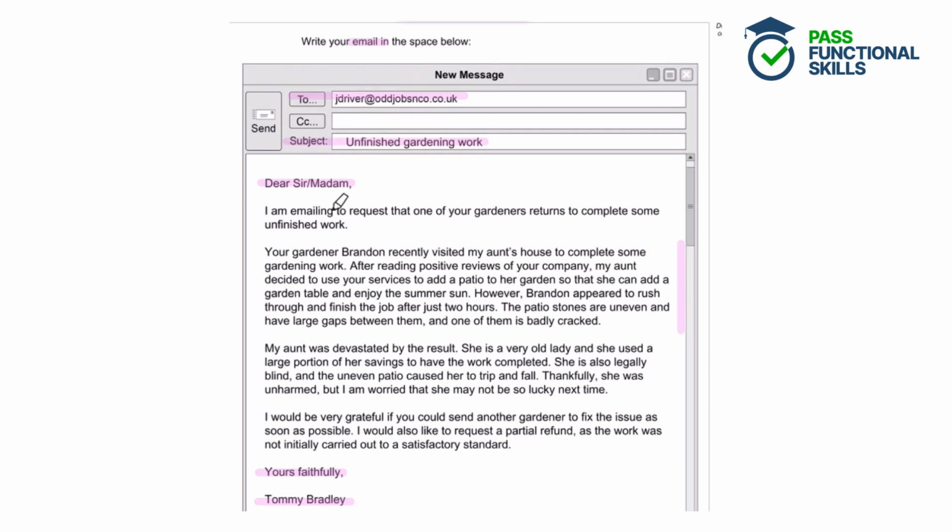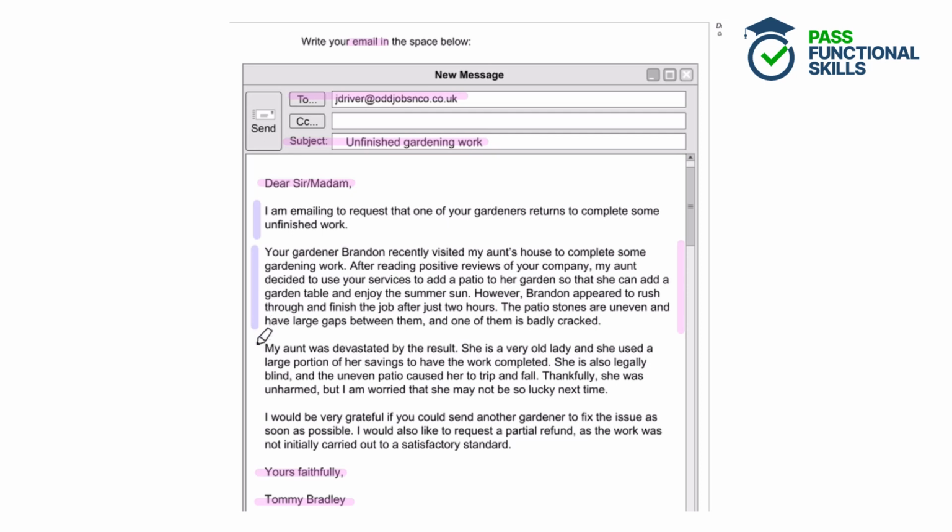So the first paragraph introduces the purpose of the email. They want to request that one of the gardeners returns to complete some work. Then the second paragraph fulfills the criteria in the question by explaining what happened and what the problem is with the work that was done.